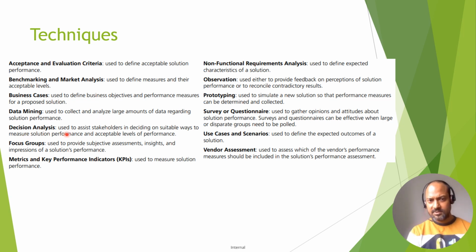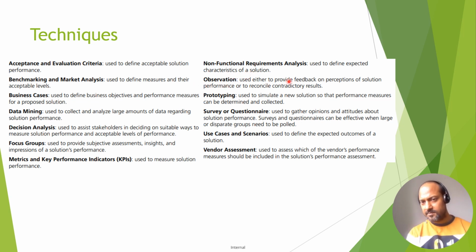Decision analysis is used to assist stakeholders in deciding on suitable ways to measure solution performance and acceptable levels of performance. Focus group is used to provide subjective assessment, insights, and impressions of a solution measure. Metrics and key performance indicators are used to measure solution performance. Then we have non-functional requirement analysis, used to define expected characteristics of a solution.